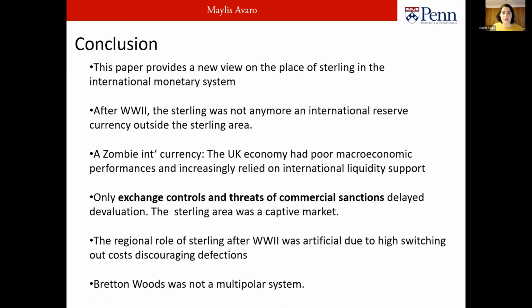The regional role of sterling after the war was artificial, relying on high switching costs, discouraging defection. And so Bretton Woods should not be thought of as a multipolar monetary world, but a dollar world in which a zombie international currency managed to survive thanks to coercive diplomacy.